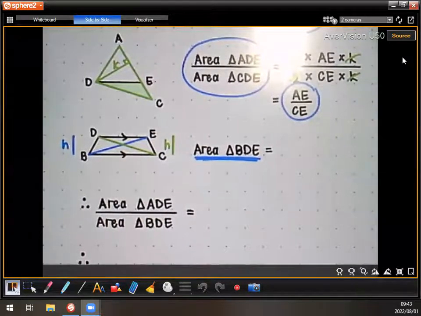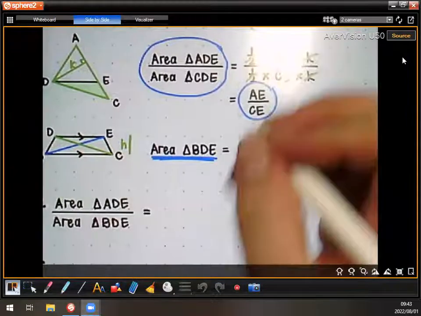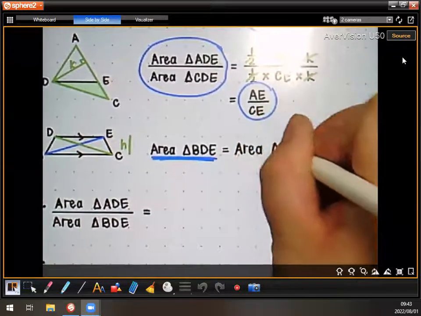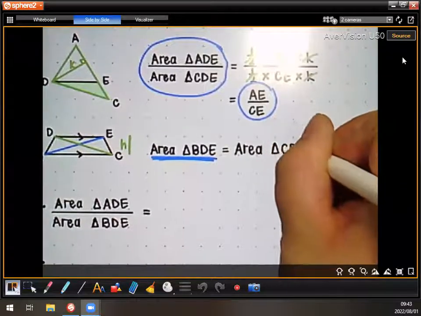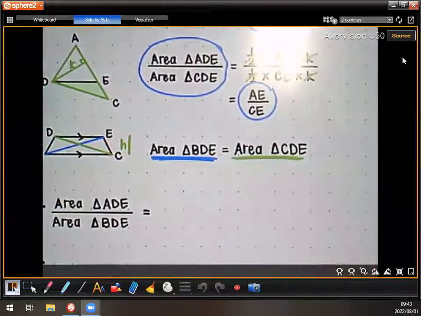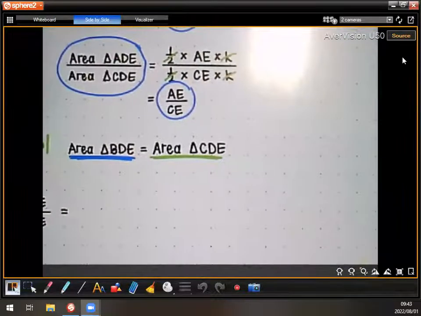So all you actually have to write for this section is that the area of triangle BDE is equal to the area of triangle CDE, which for me was the green one, so I'm just going to underline that in green. Now, it's very important what you write as your reason here.